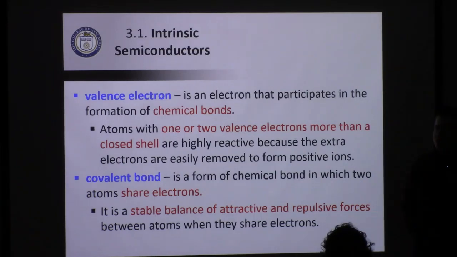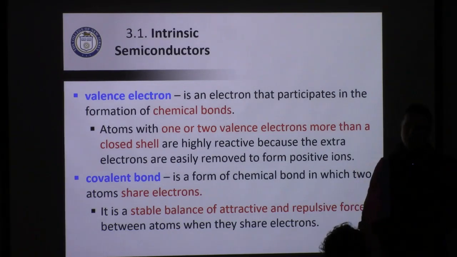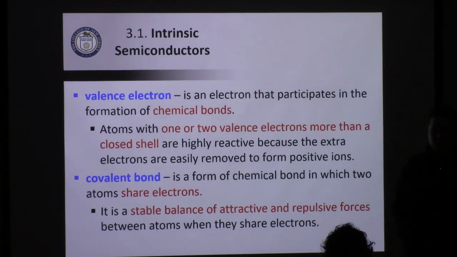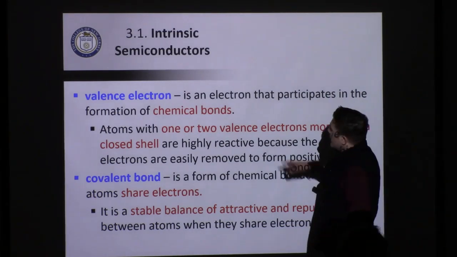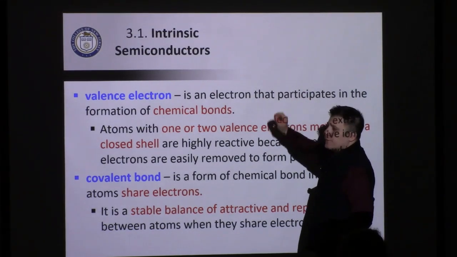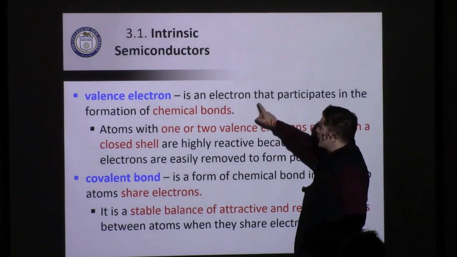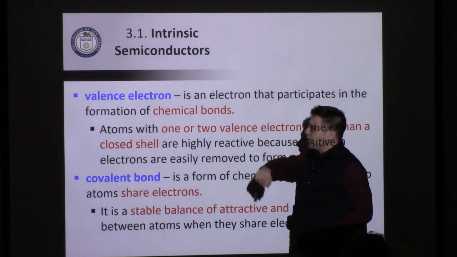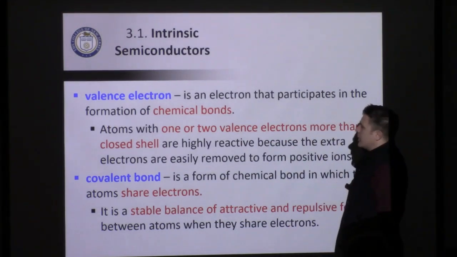And a given shell has a number of electrons that's required to fill it. Every atom, its goal in life is to fill its outermost shell. That's when it's most stable. And so a valence electron is an electron in the outermost shell that is unfilled. And so those electrons are going to be available to participate in chemical bonds.